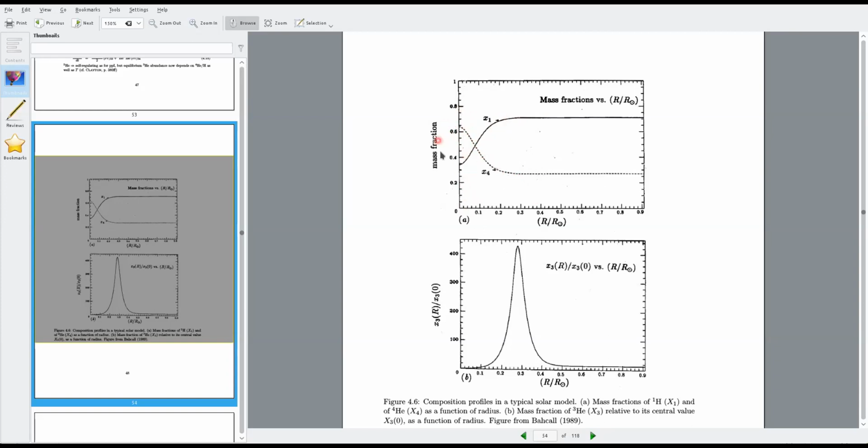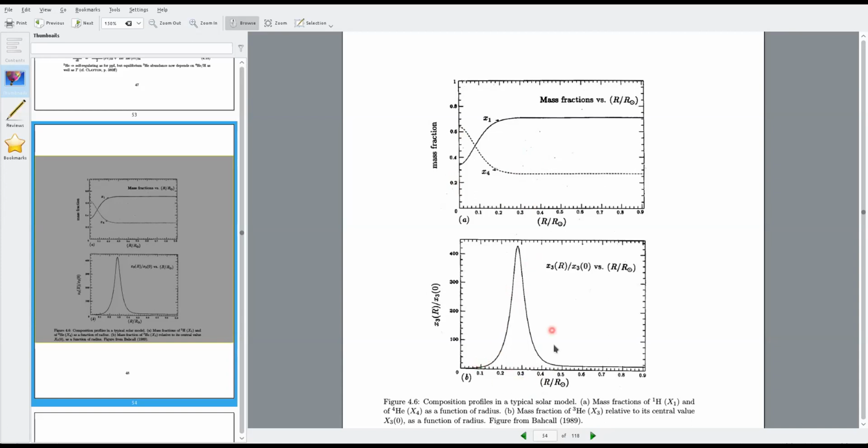Obviously, you produce more helium in the center, and the hydrogen is depleting. This also shows you that usually the core, where you have the nuclear reaction, is like 0.2, 0.3% of the radius. It's not a big part.